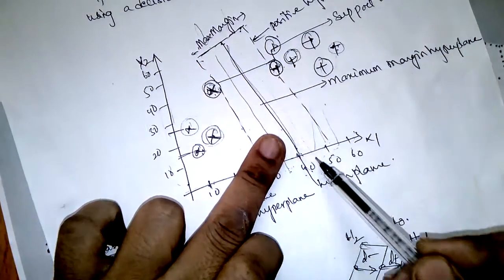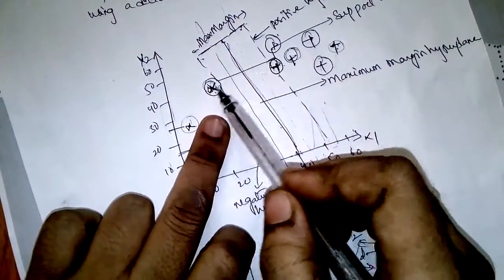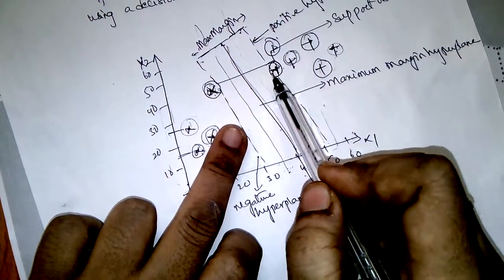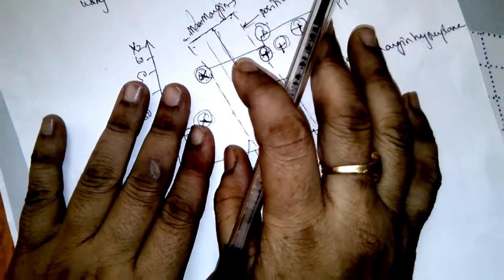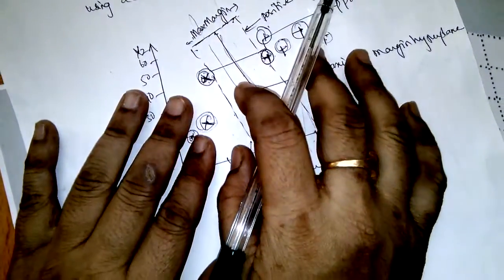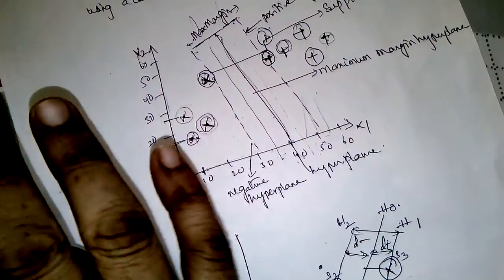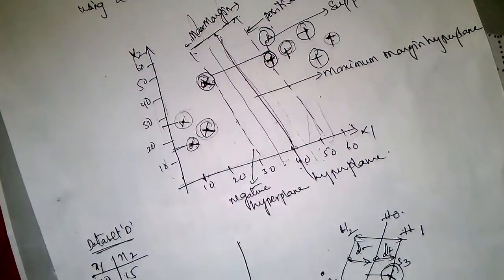If I take a hyperplane like this, these two are the closest. So the closest points to the hyperplane are called support vectors. Based on the support vectors only we will decide a hyperplane to divide or categorize the data in n-dimensional space.